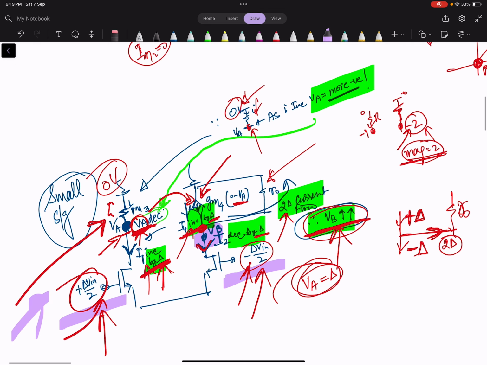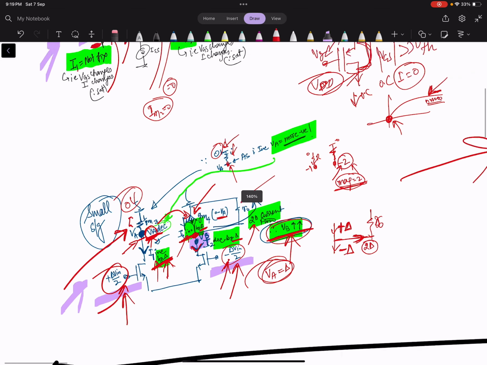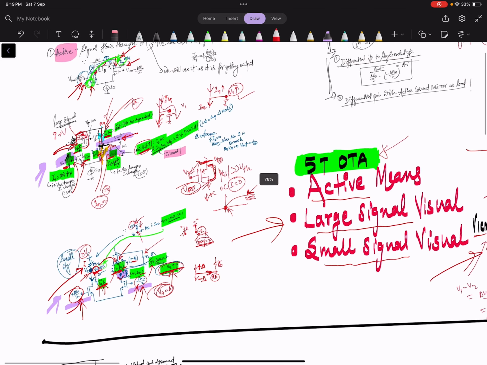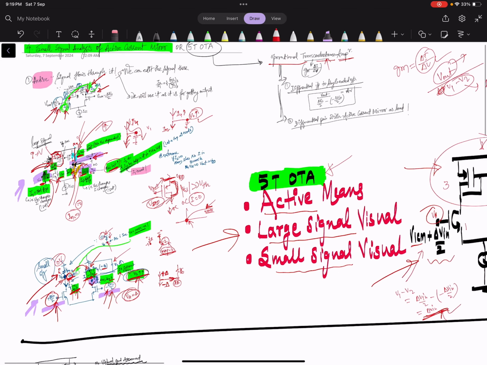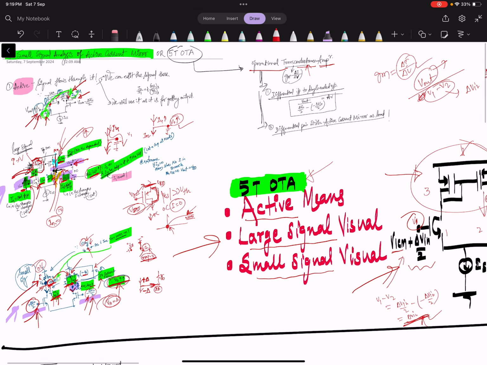The analysis, how we do it in small signal and large signal, is quite different. Okay, so this is the basic thing about the 5 transistor OTA. Hope I am able to explain visualizing the circuit in large signal and small signal. We will see more detail in another video.